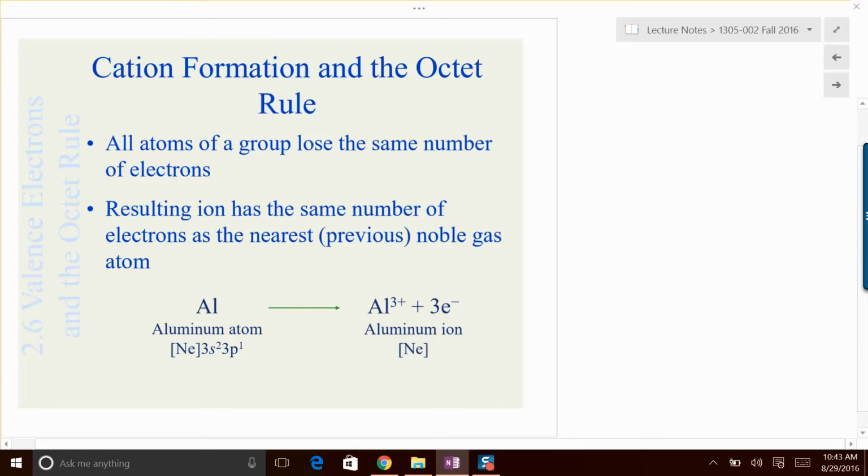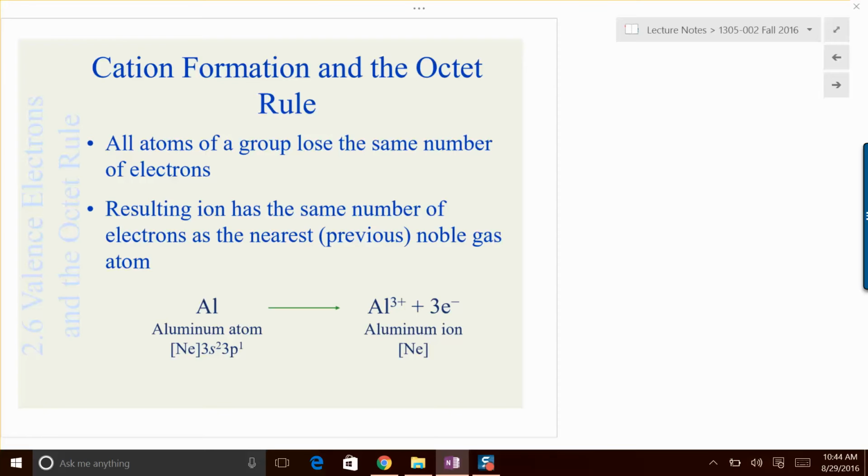Aluminum. It's a metal. It has 3 valence electrons. It will lose them and become Al3+. Now, I can predict this one, but I cannot predict this one. Why? Because what's in front of this guy? The d metals.